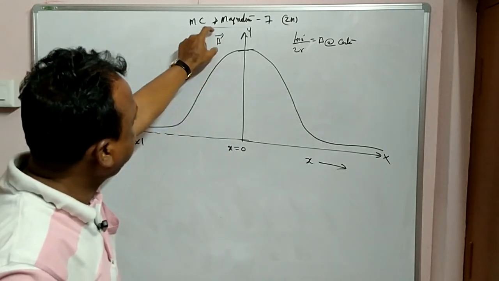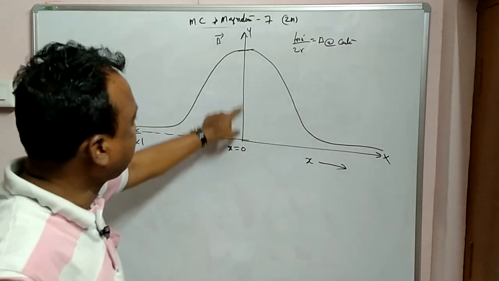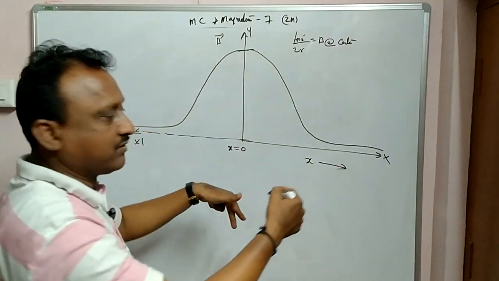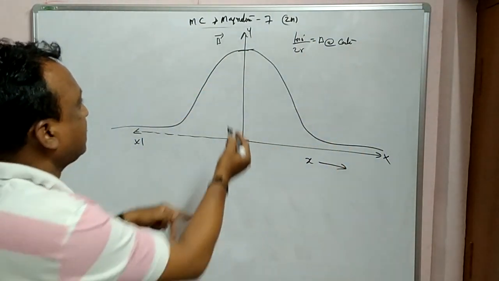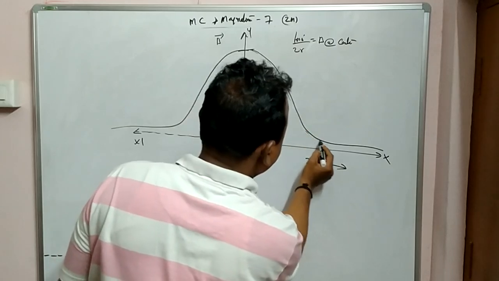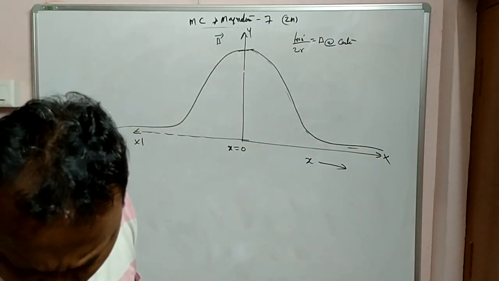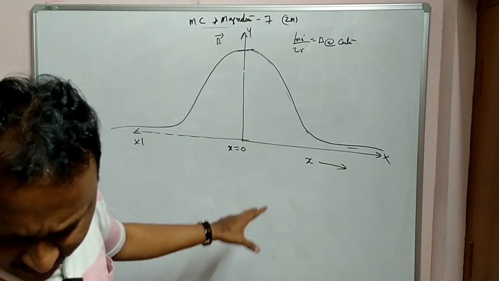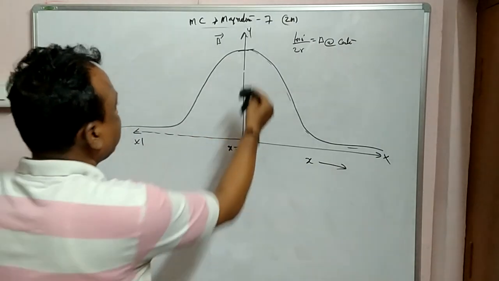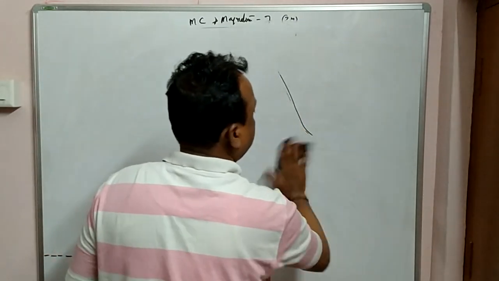This is the graph for B, magnetic field versus x. At x is equal to 0, the center, it is the maximum value. Again at x is equal to infinity, B becomes 0. When going to infinity, B decreases. So the graph becomes like this: maximum, and then decreasing on the negative side and the positive side. Clear? So this is how you have to explain with the graph also, the magnetic field for a circular coil carrying current I. Okay, clear? Now let us go further.